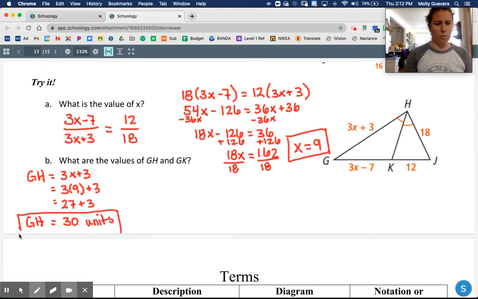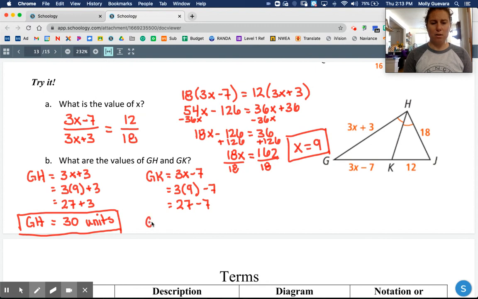The other one it wants me to find is GK. GK is 3x minus 7. So 3 times 9 minus 7. So 27 minus 7. So GK is equal to 20 units. And there you have it.